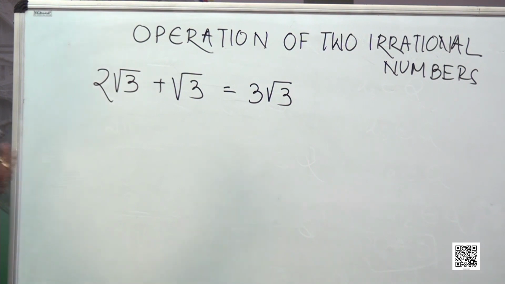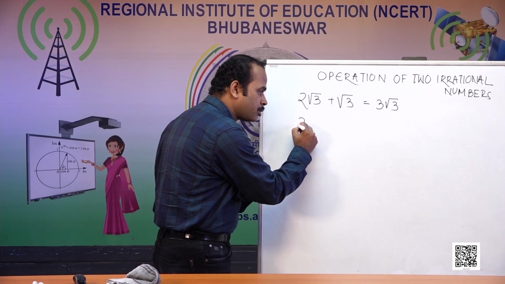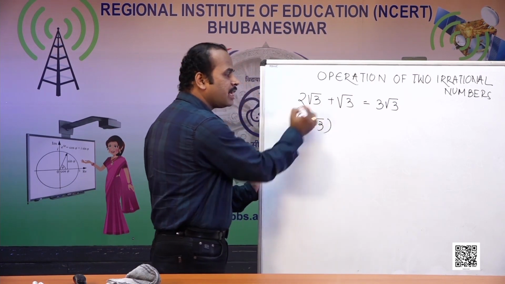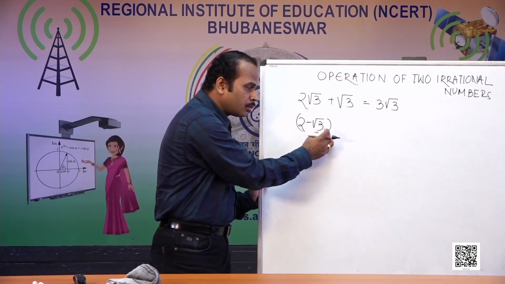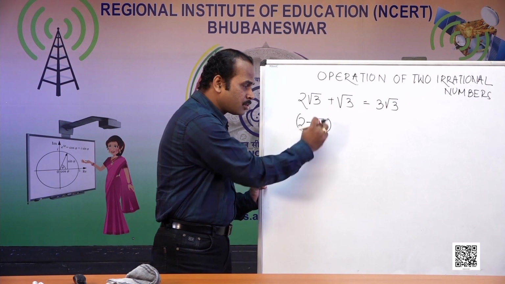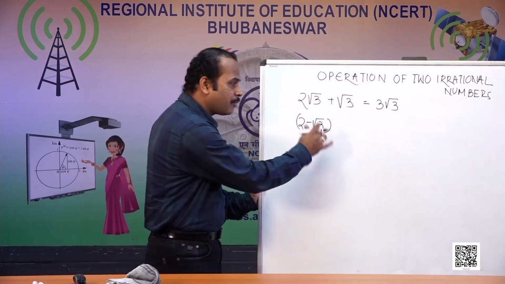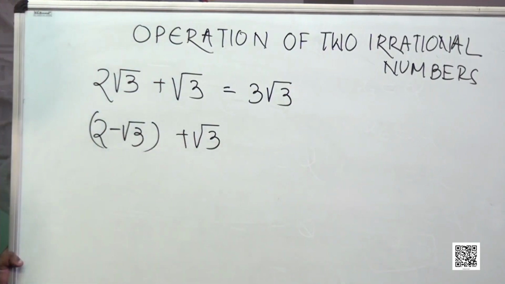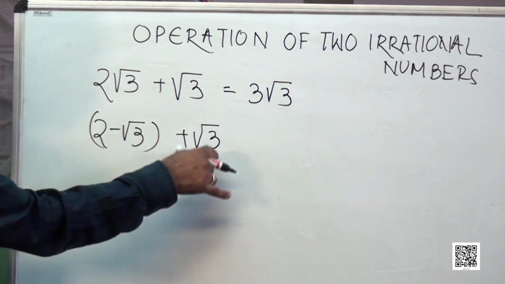But does it happen in every case? Let me take another example, 2 minus root 3. 2 is rational, root 3 is irrational, so 2 minus root 3 together is an irrational number. I have to add this number with another irrational number, root 3. So 2 minus root 3 plus root 3.